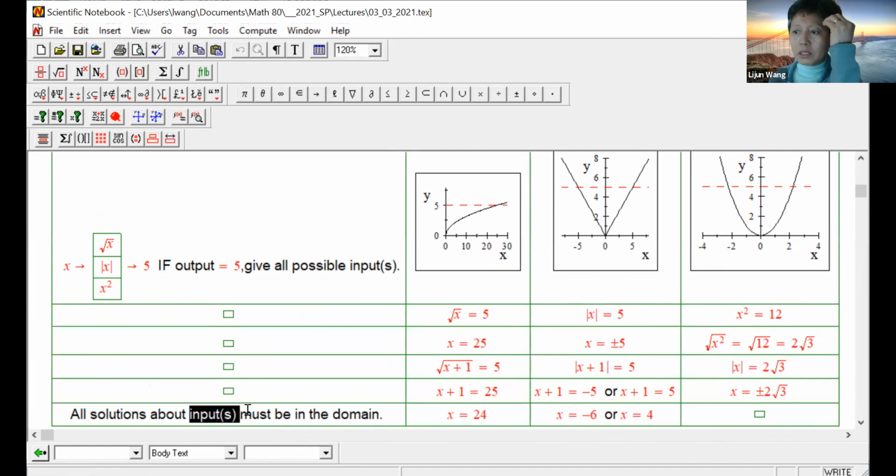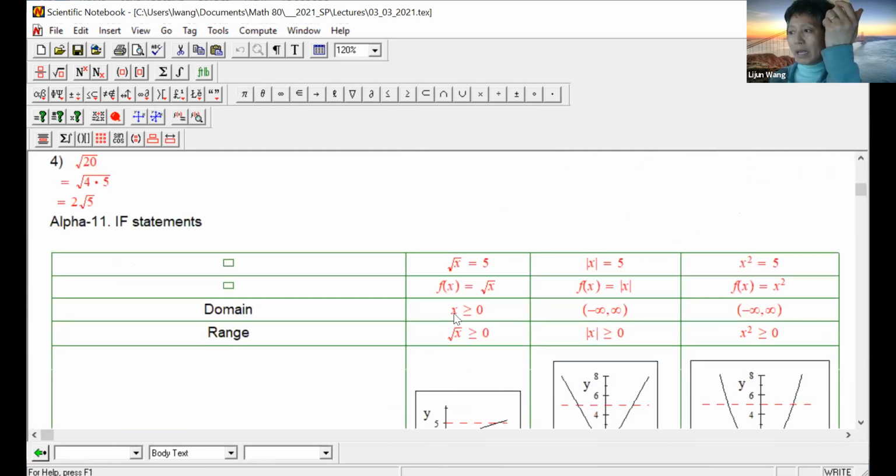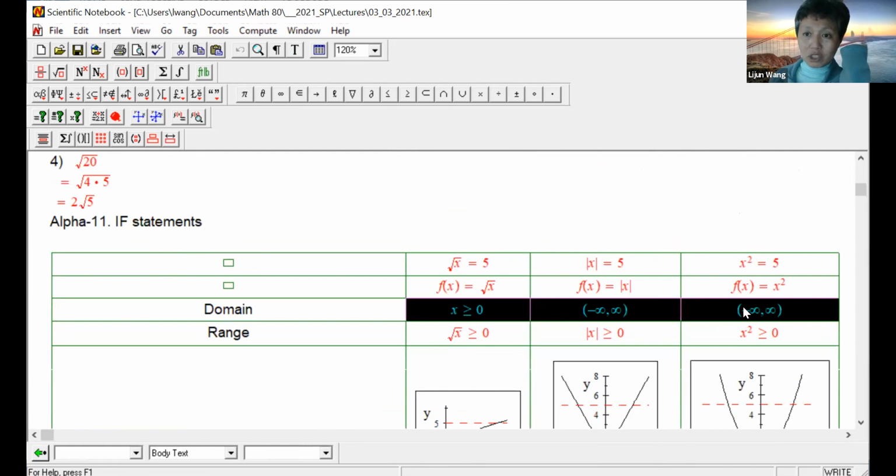If it's about output, if output is given, output must be in the range. So this is the power of domain and range. It allows us to check if your solution is in the domain or in the range.